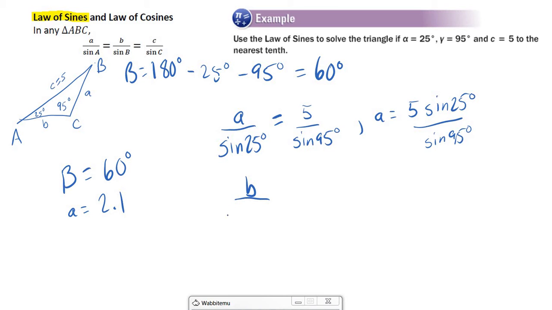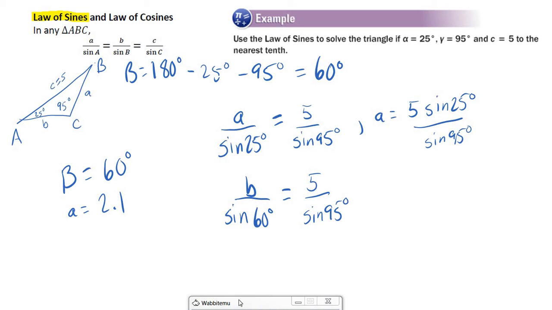So B over sine of, let's see, angle B was 60, so sine of 60 equals, now I'm going to go back and use C again. I like to use the information they give me rather than information that I calculated and rounded. But very similar, notice. The only difference in how we're going to solve this is it's going to be sine of 60 right here.